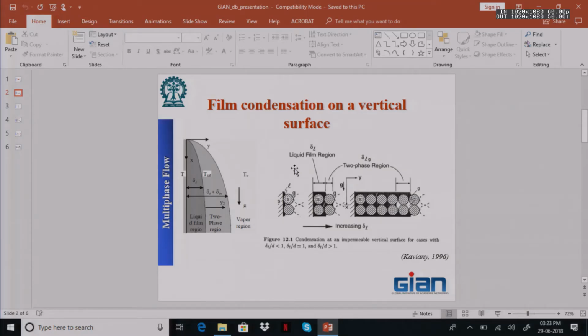Why? Because most of the liquid, as soon as it is formed, would like to fall down. Very little will move out due to capillary action, right. So, when bond number is much greater than 1 and gravity is the dominant force, then you will probably end up with only a delta L and probably a negligible two phase film. Clear?